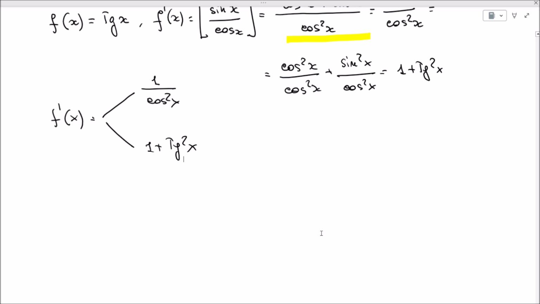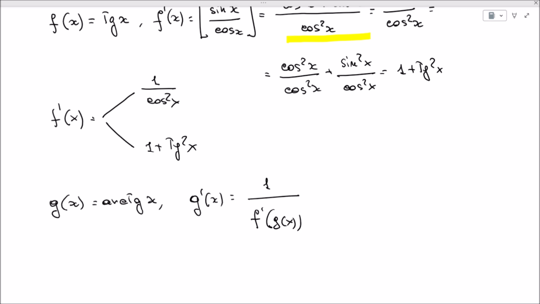Now, for the inverse function, let me consider g of x. We know that the inverse is arctangent of x. What will be g prime of x? Well, g prime of x, by using the theorem, is 1 divided by f prime of g of x.